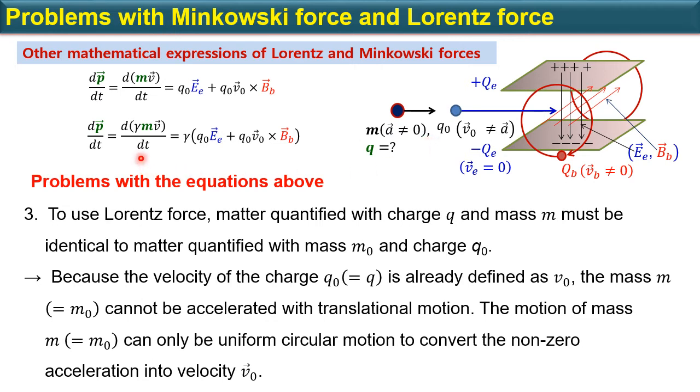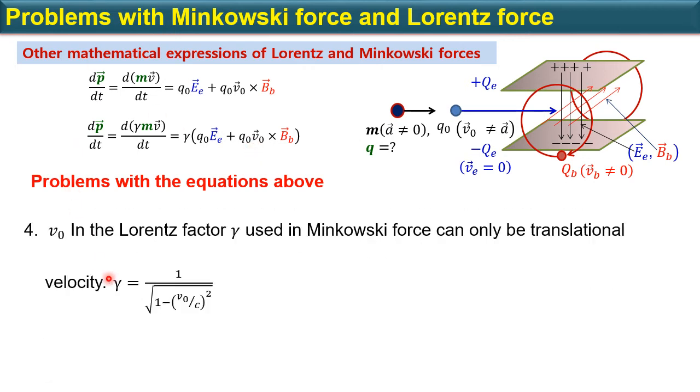The motion of mass m can only be uniform circular motion to convert the non-zero acceleration into constant speed v0. Lastly, v0 in the Lorentz factor within the Minkowski force can only be translational velocity, which means that the rate of linear momentum within the Lorentz force and Minkowski force is no longer applicable.